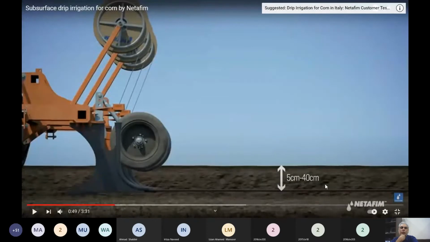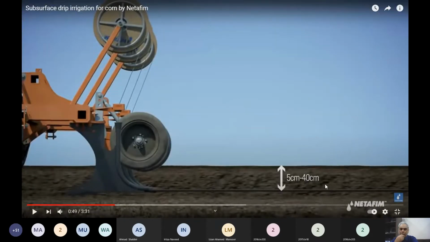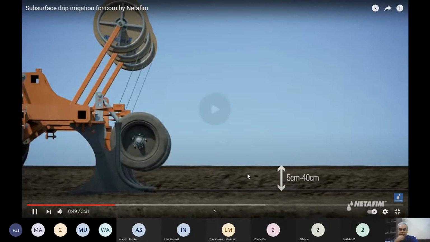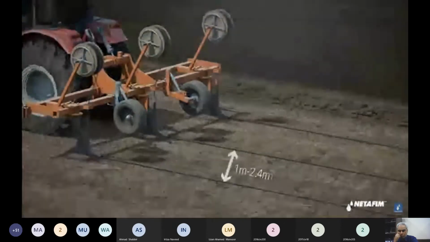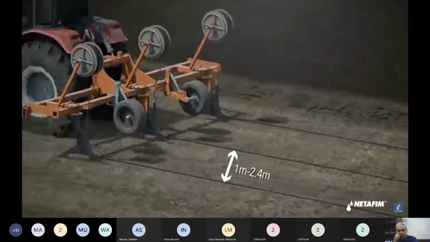Here they are showing that they are laying the pipes underneath the ground with the help of a machine, about 5 to 40 centimeters deep, from 2 inches to about a foot, or more than a foot depth. A series of pipes will be laid at a distance of 1 to 2 meters.